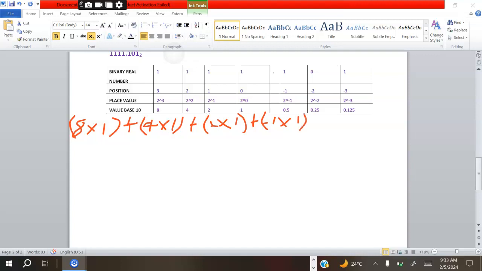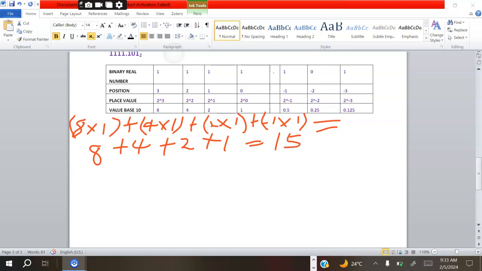I'm multiplying the place value and the binary digit. This is the integral part, 8 plus 4 plus 2 plus 1, which gives us 15.